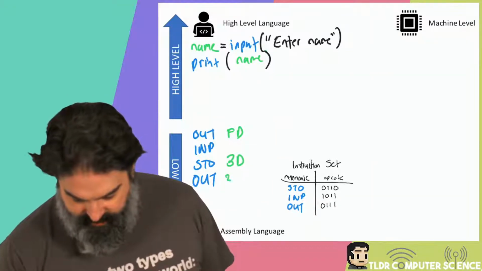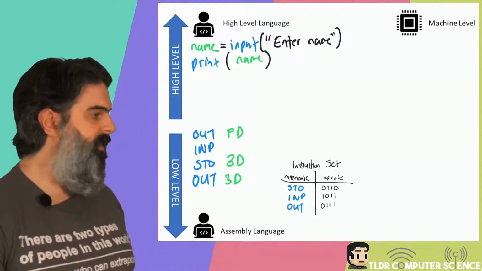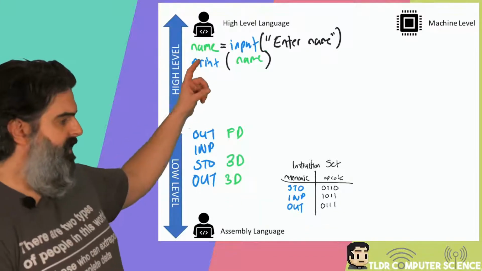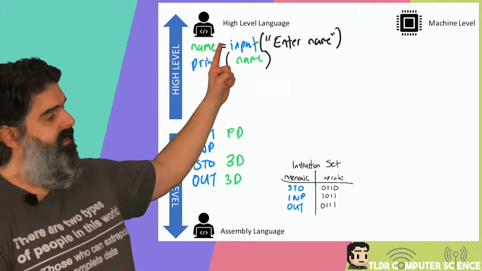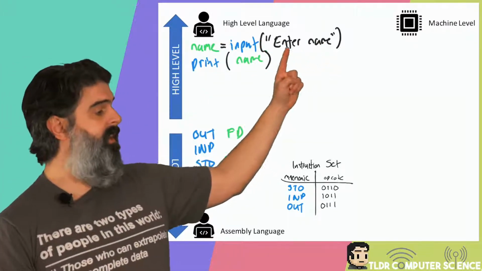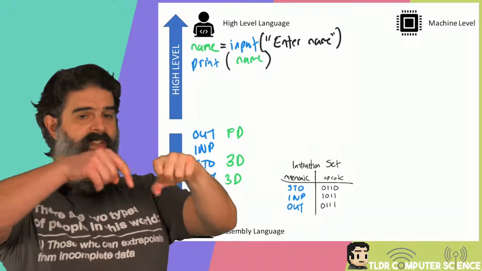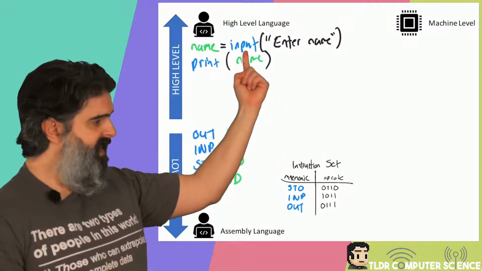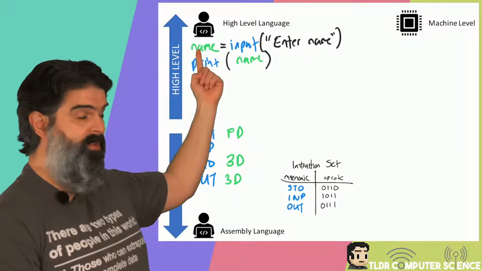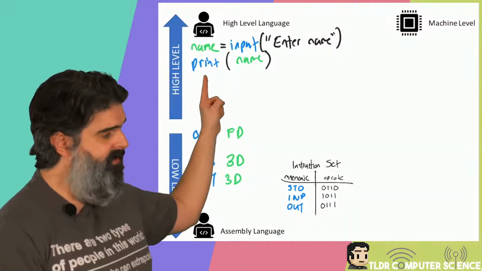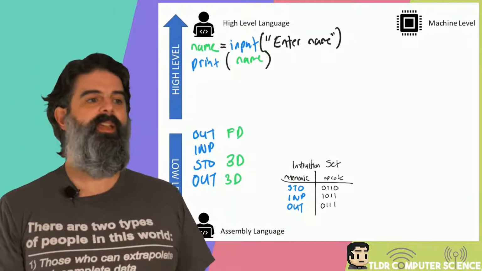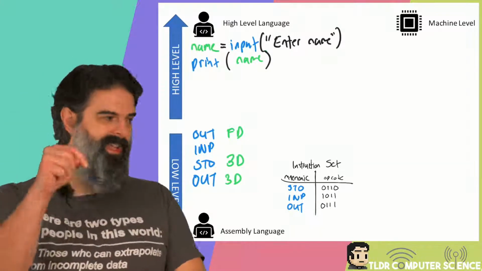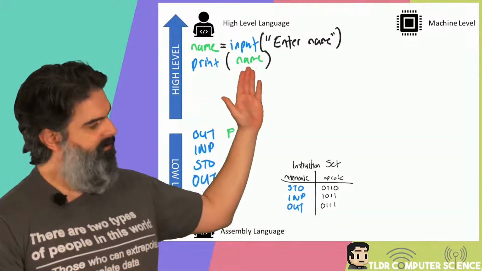And then I'd say output what was in 3D. All right, let me go through what I'm doing there for a second. So I'm saying this function here in Python is going to print out to you, enter your name. You're going to type in your name, you're going to hit enter, and then that's going to be stored inside name, so in the variable name, and then it's going to print that name out. So it would say like, enter name, I'd say Bob, hit enter, and then it would say Bob.